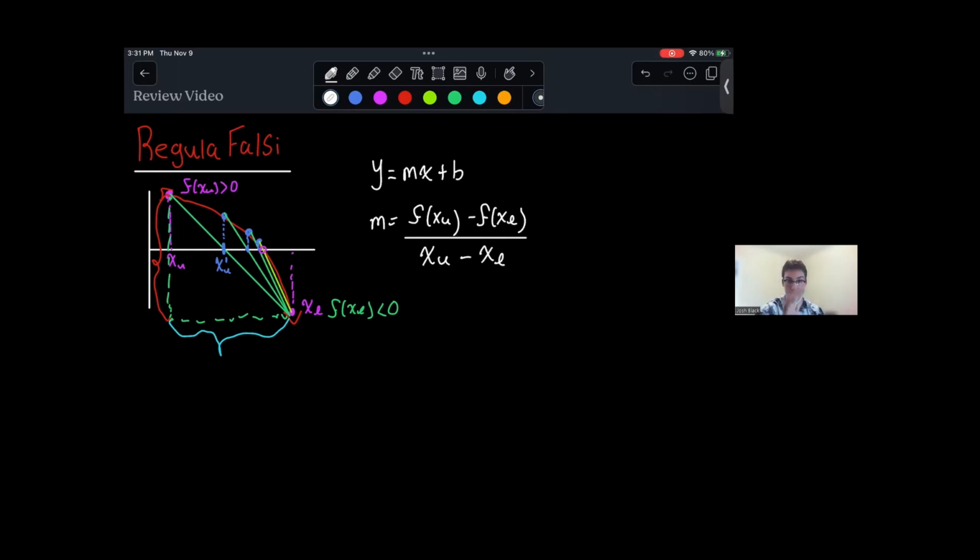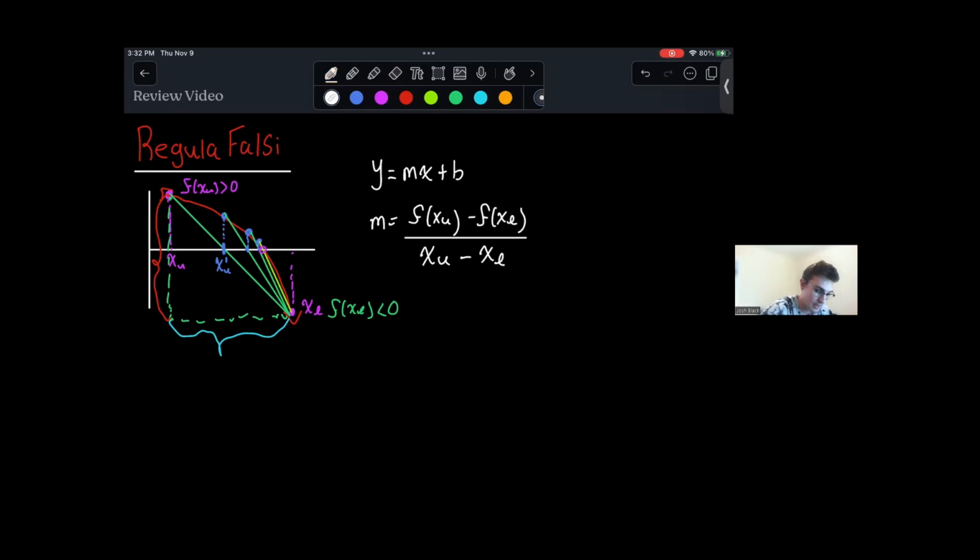The trick to this is you can have this equation, or as long as you flip both the numerator and the denominator, that works too. It would be f of xl minus f of xu divided by xl minus xu. In this case, I like putting my xu's as my 2's and my xl's as my 1's.